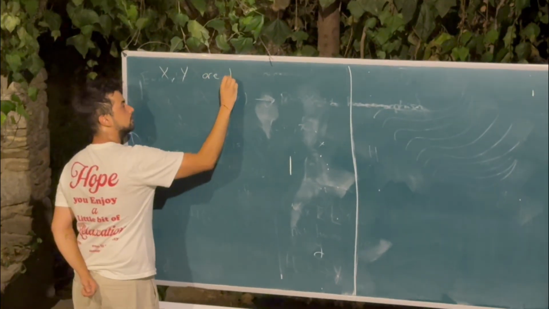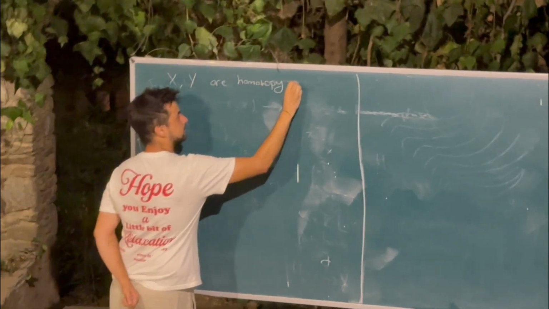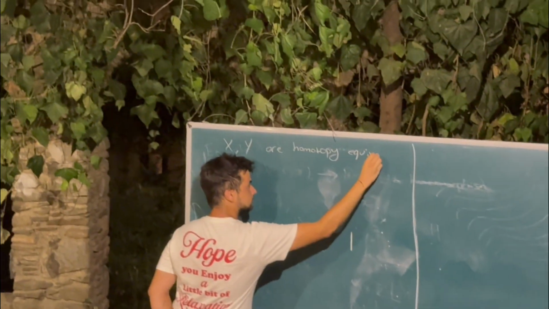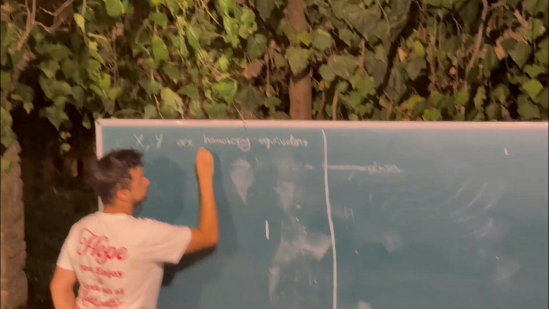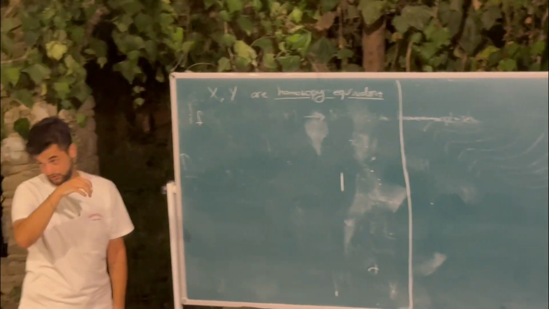We say that X and Y are homotopy equivalent if... it is very similar to the definition of homeomorphism.